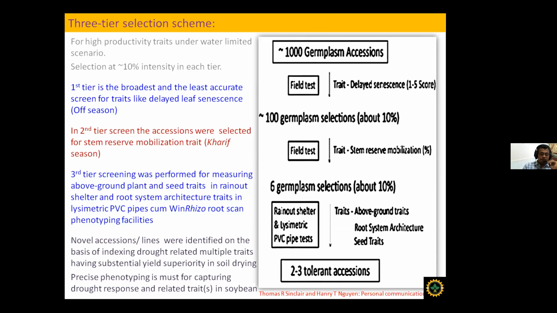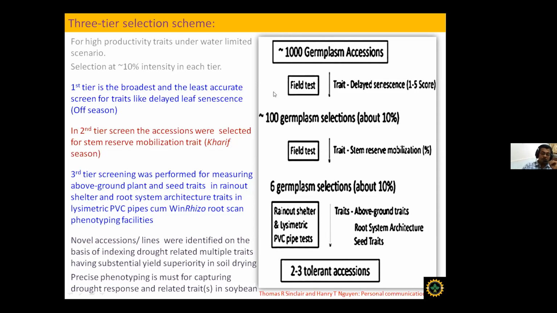And likewise, novel accessions and lines were identified on the basis of indexing multiple drought-related traits, having substantial yield superiority in soil drying. Precise phenotyping is a must for capturing drought response and related traits in soybean.